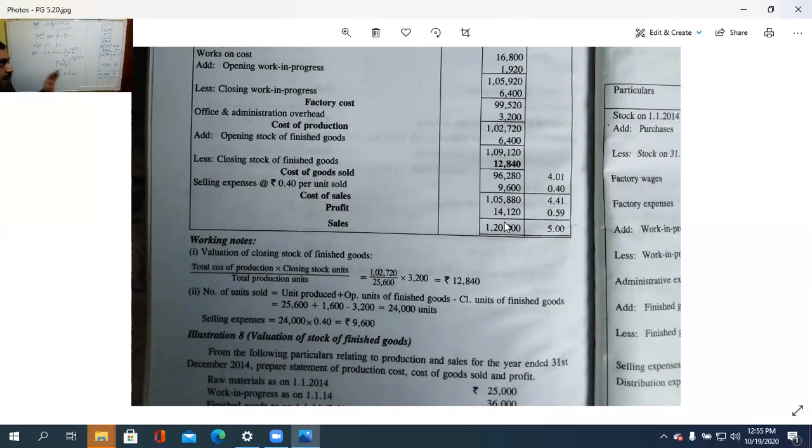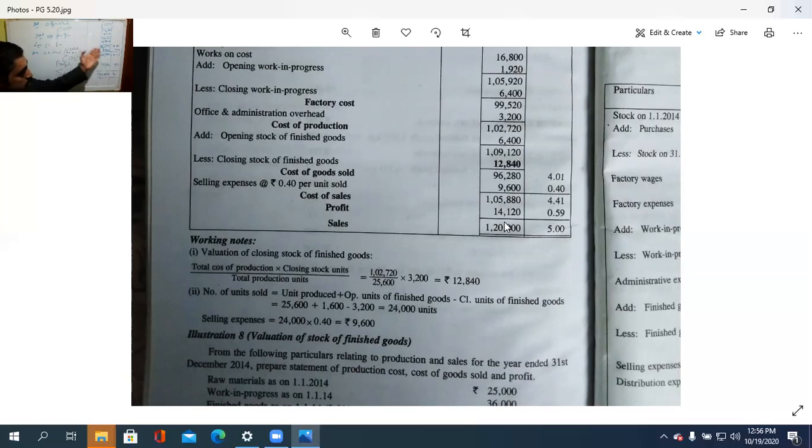For that purpose, we use this formula: total cost of production into the closing stock in units, divided by the total production in units, that is 25,600. So that we already applied.